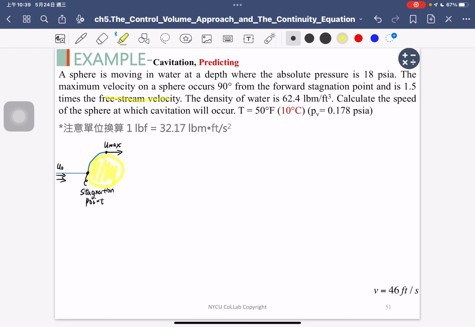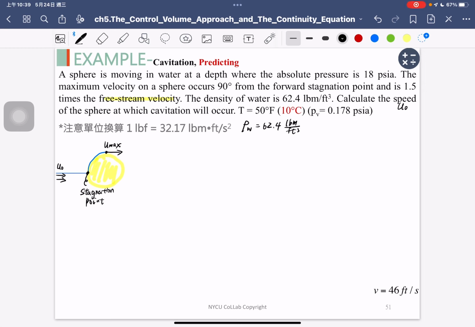So you see what the problem is? We know that the material is water, and the density is 62.4 pound mass divided by ft cubed. So please calculate the speed, the free stream speed, U0.